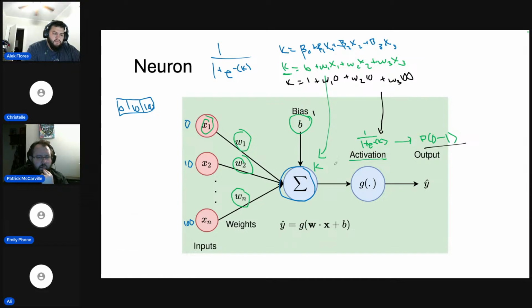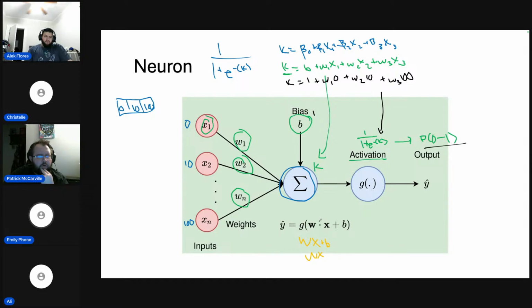The other piece I want to highlight here is that you probably won't see things written out. They really like to simplify this format. So instead of saying k equals 1 plus w1 times x sub 1, w2 times x sub 2, w3 times x sub 3, you're going to see this notation as you're going through these resources: w, x. Sometimes they'll have the plus b, other times they'll just say wx.